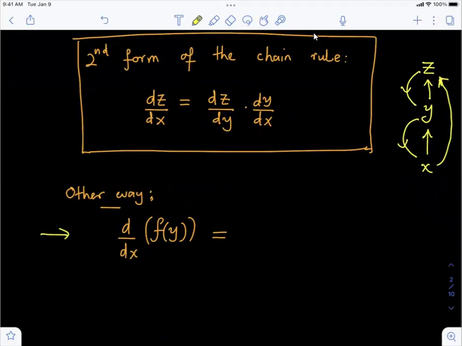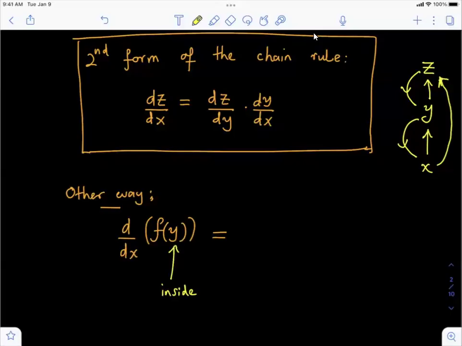If you look at this notation, you can see you have the regular d by dx notation. In other words, take the derivative with respect to x. No big deal. And what you see right here inside the function, it is function f given in terms of variable y. If you look at this carefully, this is the inside function, the inner function.